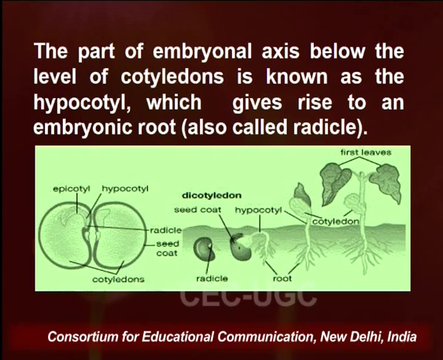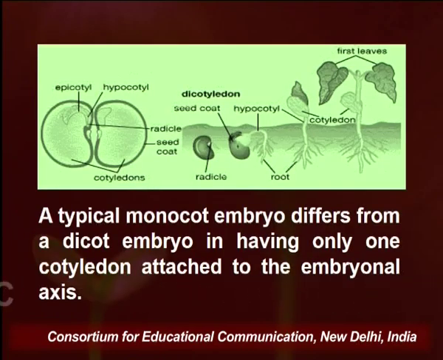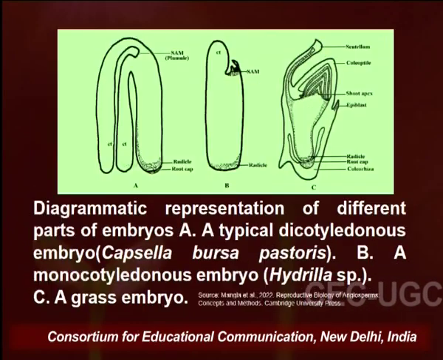The white structure which comes out is basically a root. A typical monocot embryo differs from a dicot embryo in having only one cotyledon attached to the embryonal axis, in contrast to the two cotyledons present in the dicot embryo.